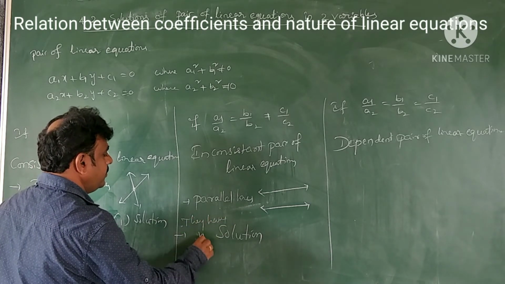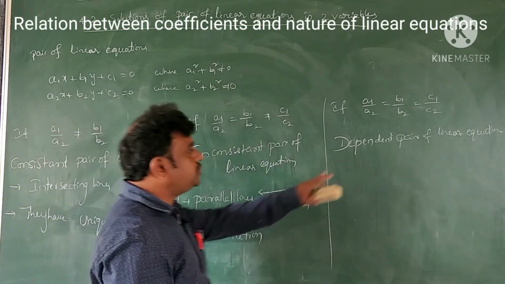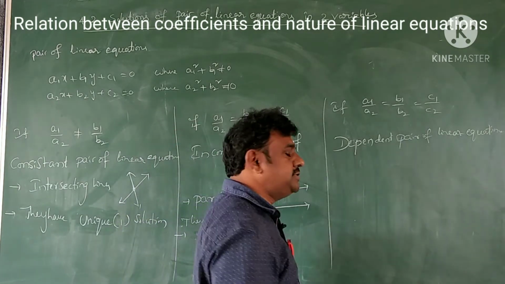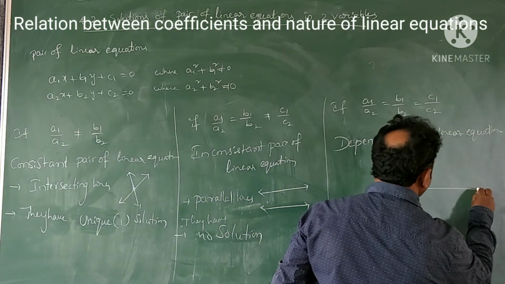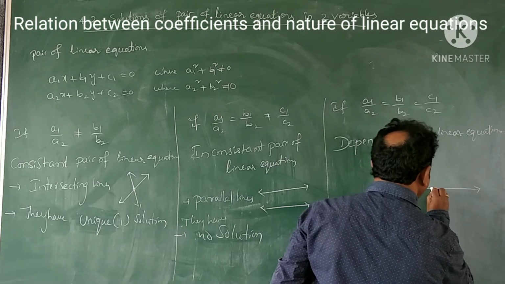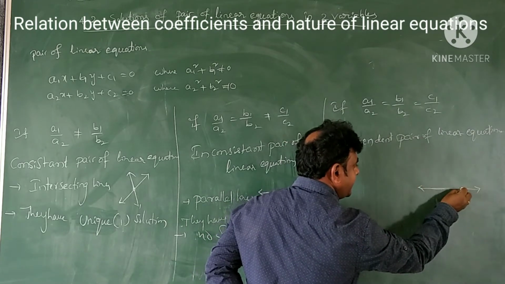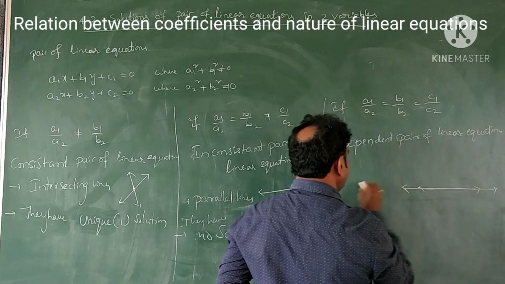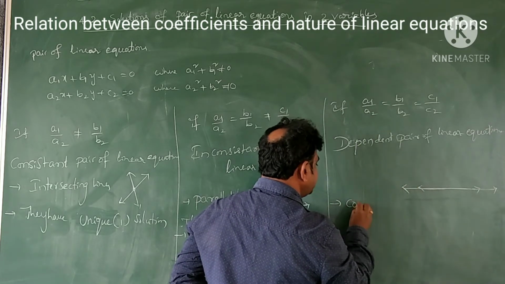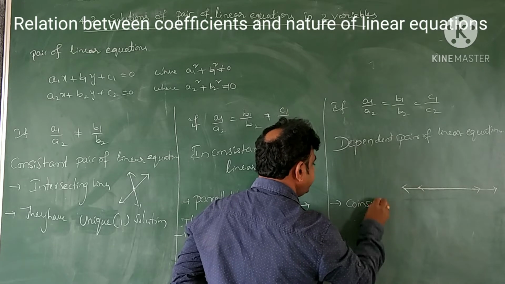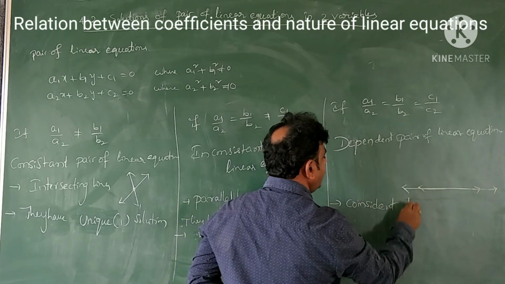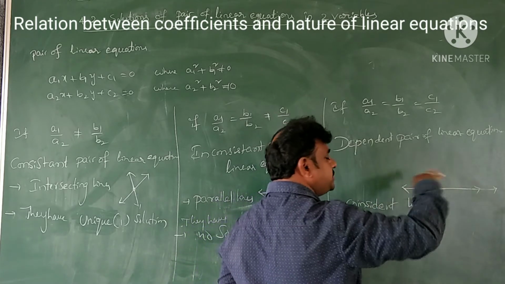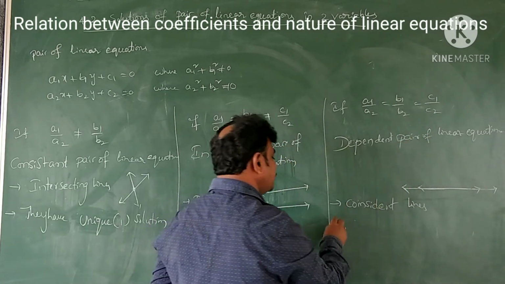Coming to dependent pair of linear equations, they depend on each other. If this is one line, the other line is passing over this line only. So these are coincident lines. They coincide with each other.